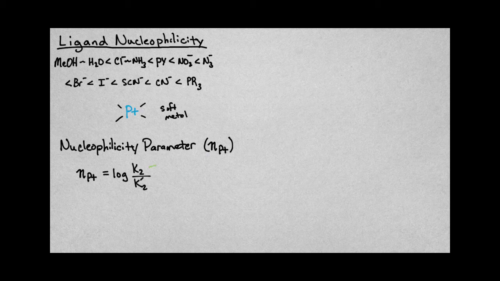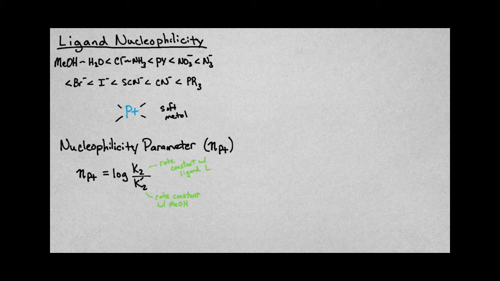Eta platinum is going to be the log of K2, the rate constant for a given ligand, L. So for instance, the rate constant for substitution when cyanide is the attacking ligand at platinum, over K2 prime, which is the rate constant for our standard or weakest ligand, which is methanol.